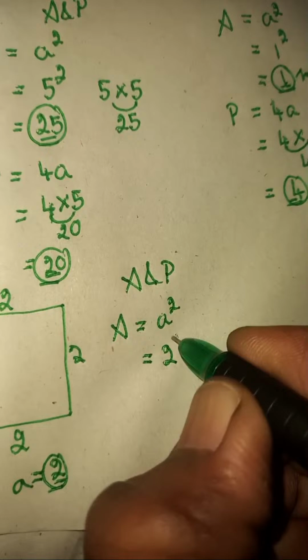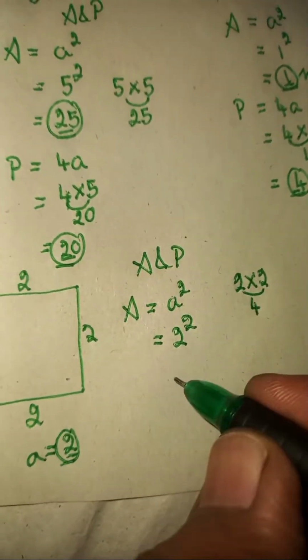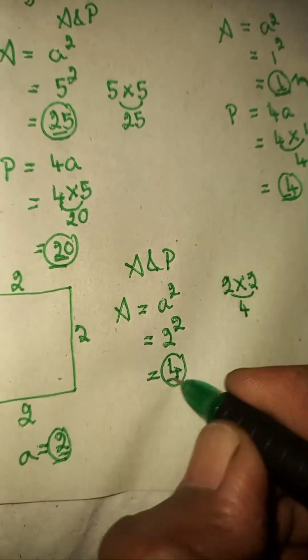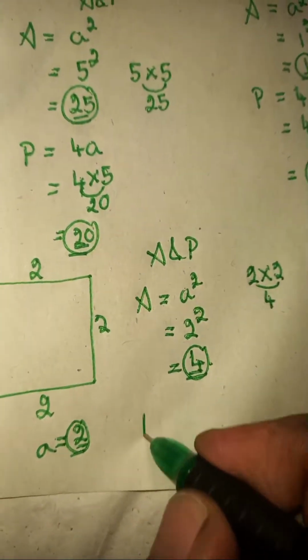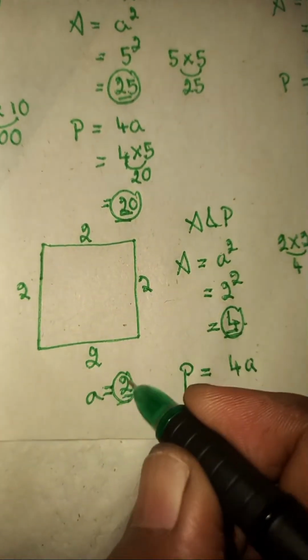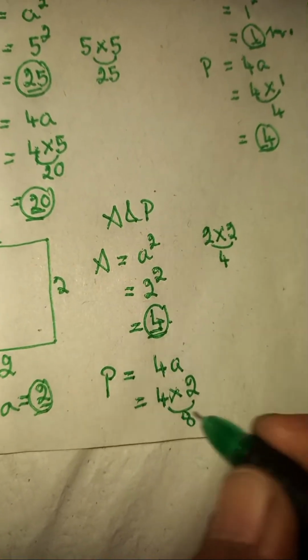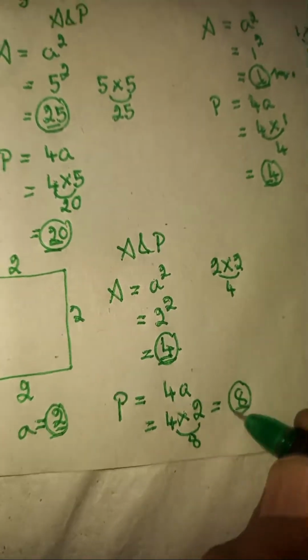It is 2 squared. 2 times 2 is 4. So it is equal to 4 square units. And perimeter equal to 4a, that is a is 2 units, so it is 4 times 2 units. 4 times 2 is 8, so it is 8 units as the perimeter.